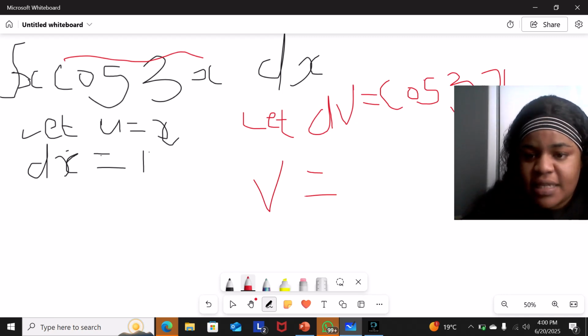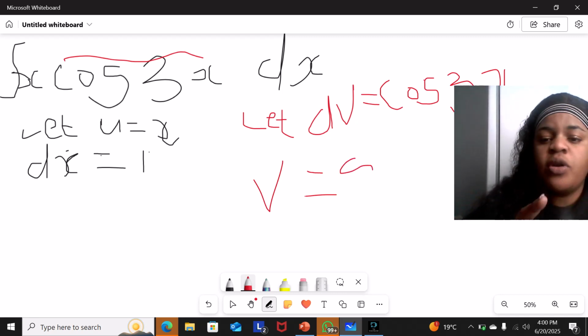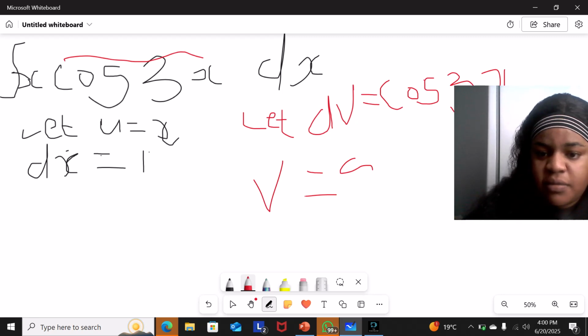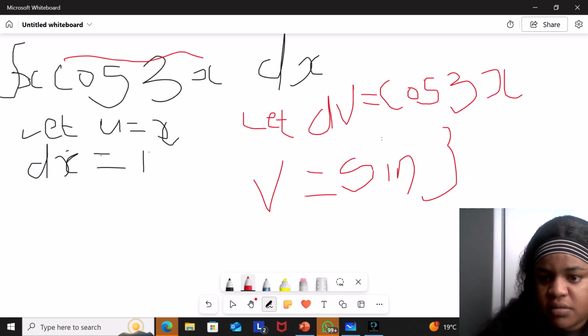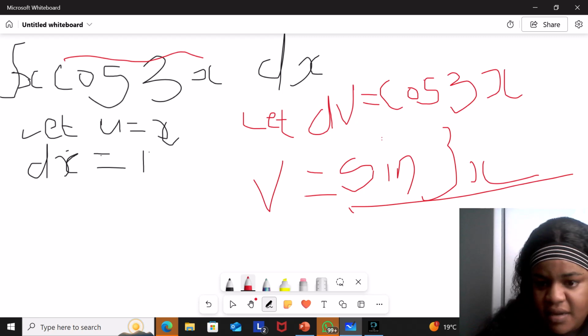We know that cos will change to sine, so this will be sine 3x divided by 3, right?